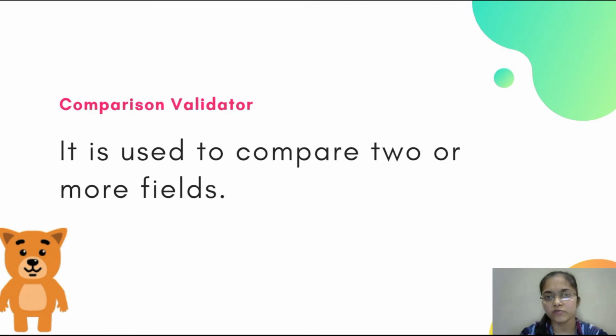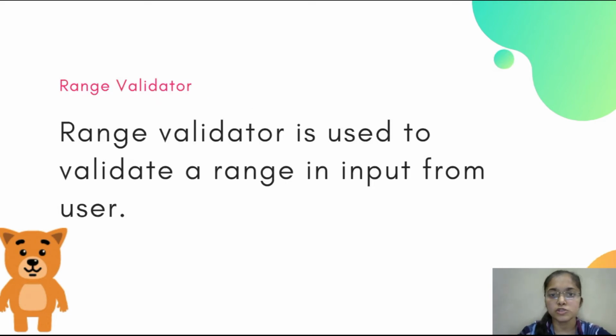Next is the comparison validator. The comparison validator is used to compare 2 or more fields. You have seen many times while registering on websites that there are 2 fields, one for password and another for confirm password. If both passwords don't match, it will show an error that both passwords should match. At that time the comparison validator is used. And then the next is the range validator.